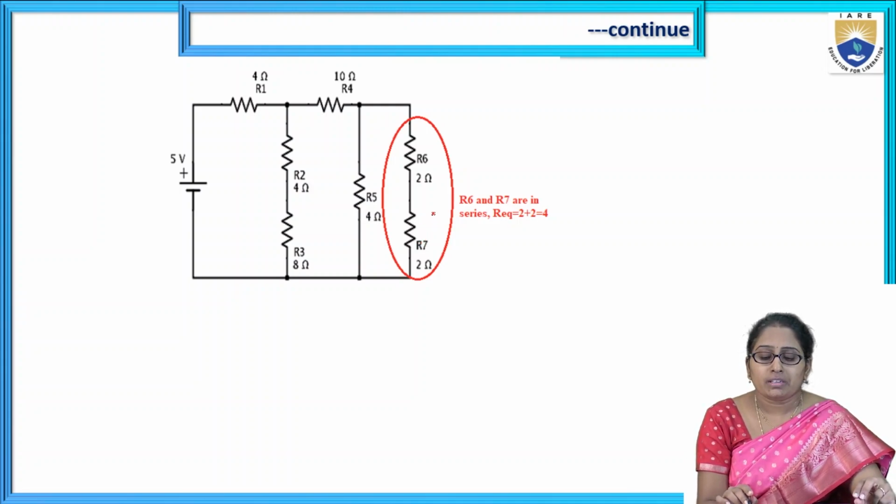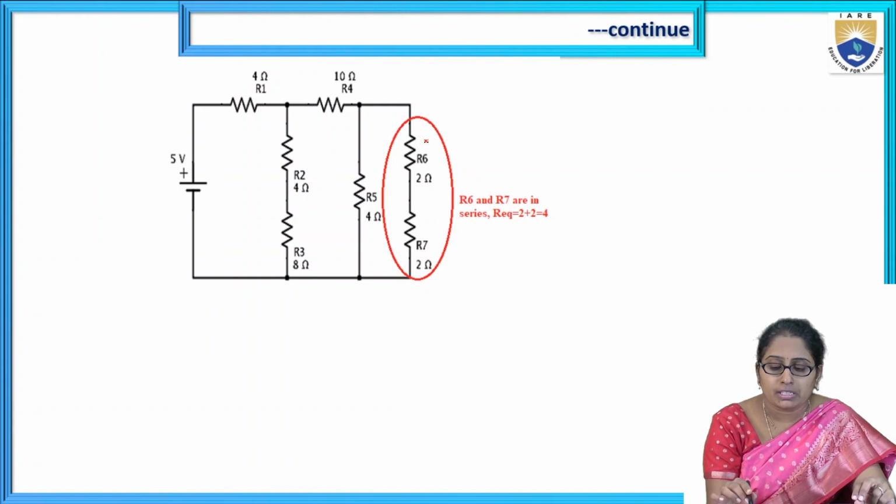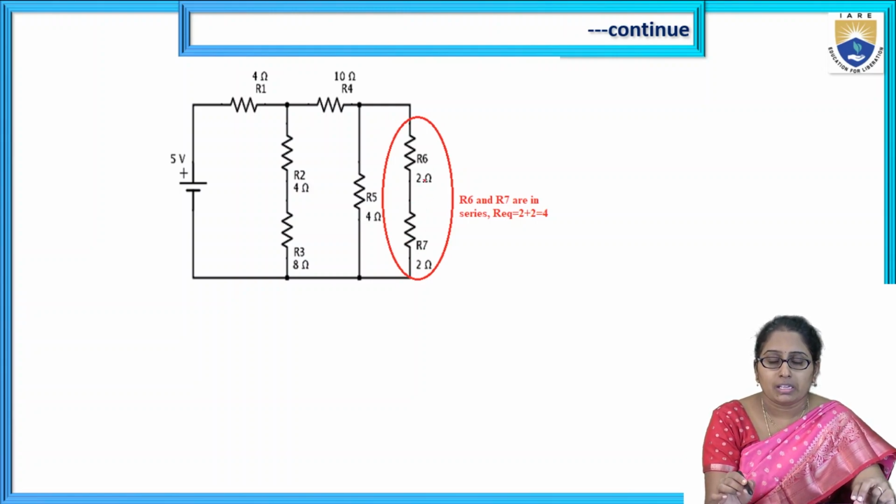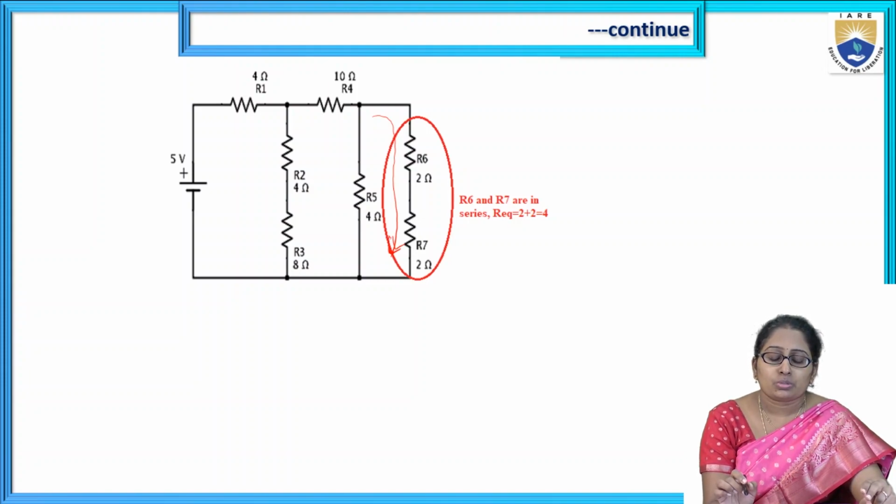If two elements are in the same path, the same line, that means the same current is flowing through both of them. So they are in series. That is the meaning of series connection: the same current flows through the elements, but voltage divides. If they are in different paths, different lines, current is dividing, which means they are in parallel.